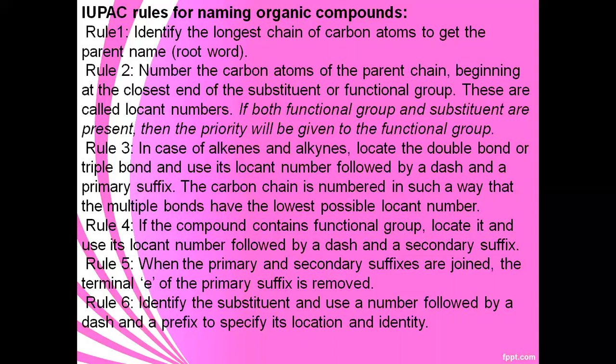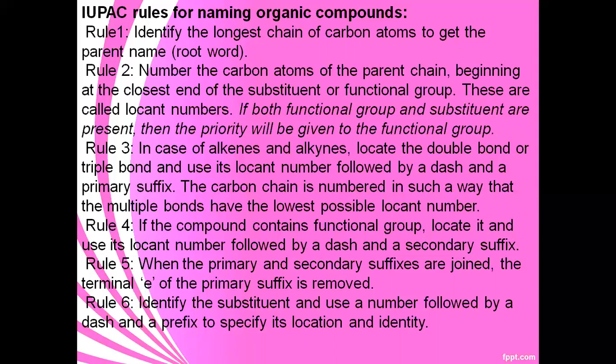Okay. So suppose the alkenes and alkynes have a double or triple bond, we use the locant number before the dash. This is one of the IUPAC rules for naming organic compounds.